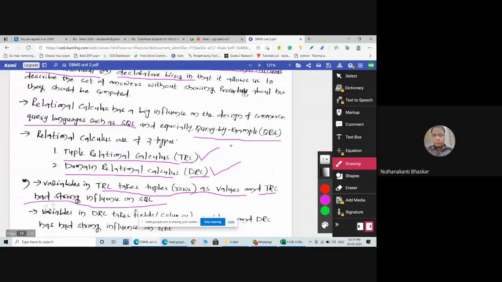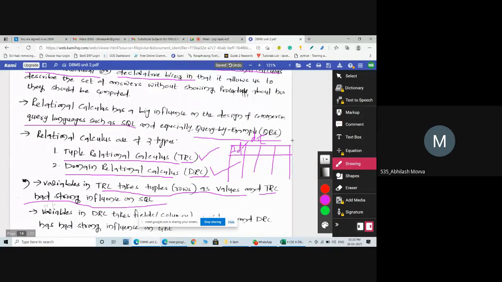In relational algebra, what is the meaning of domain? We know every column, every attribute, if you define ID, has a domain, meaning data type. Every attribute, when you prepare it, has a data type, right?